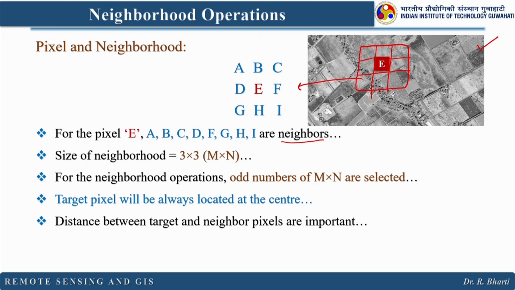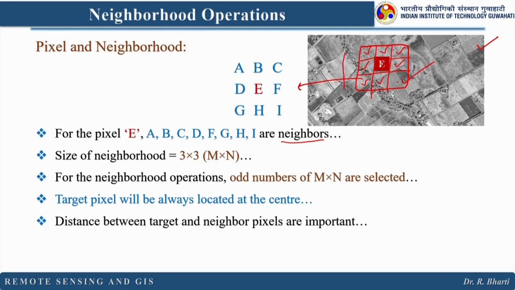So in case of a 3 by 3 matrix, when we are taking this neighborhood size, what is happening? The distance from E to this pixel, E to this pixel, everywhere, it is at the same distance. This is very important. When it is 3 by 3, all the neighboring pixels are at equal distance.